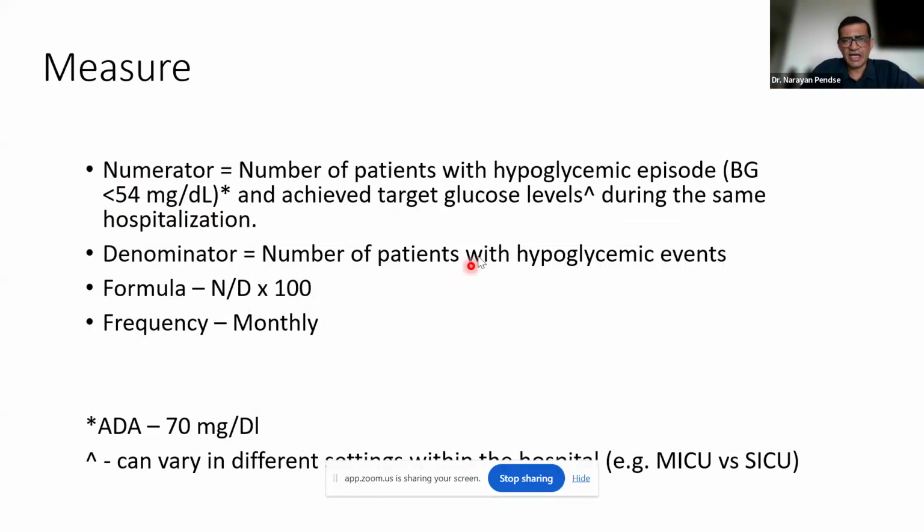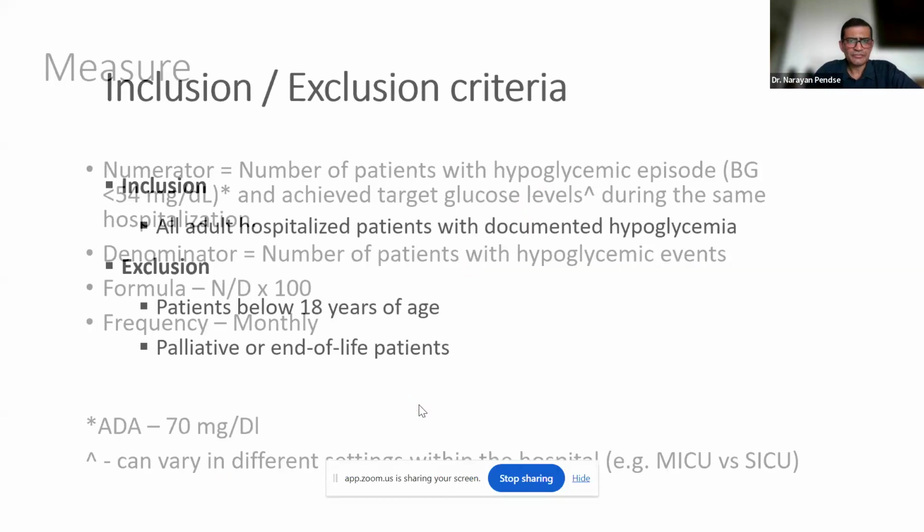As far as target glucose level is concerned, like I told you, it can vary in different settings for different care groups. For example, the medical ICU and surgical ICU may have different target glucose levels, and one needs to be cognizant of this fact and should discuss this with the clinicians before setting up the targeted glucose levels.